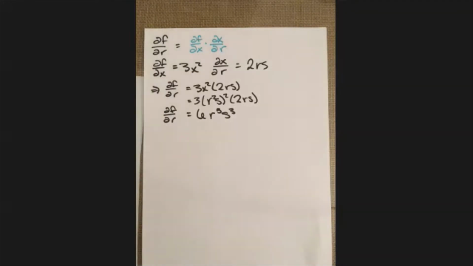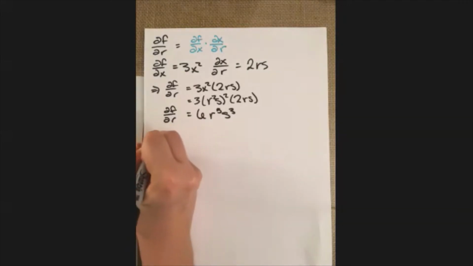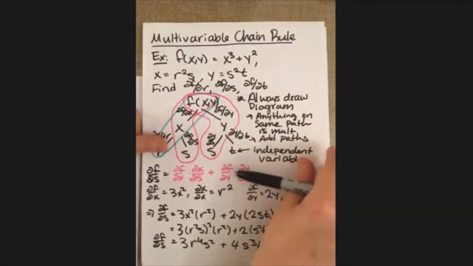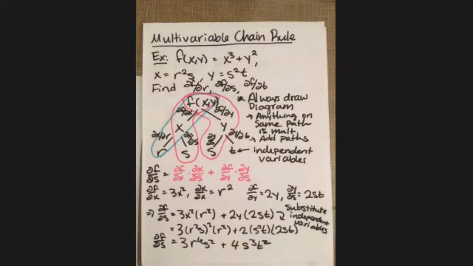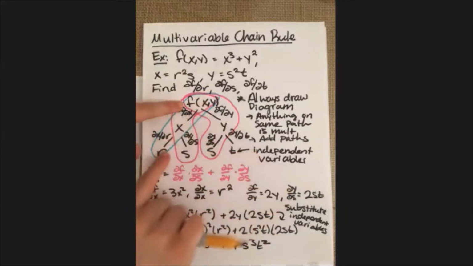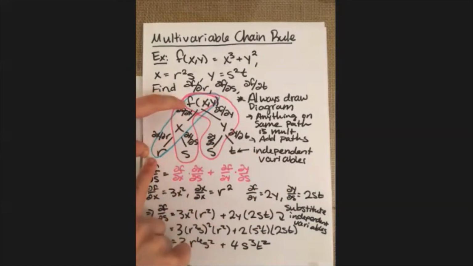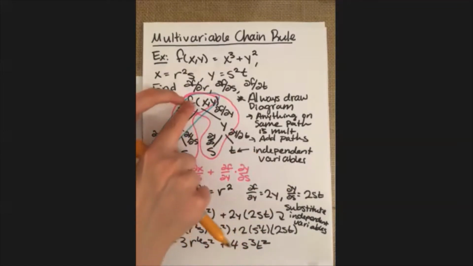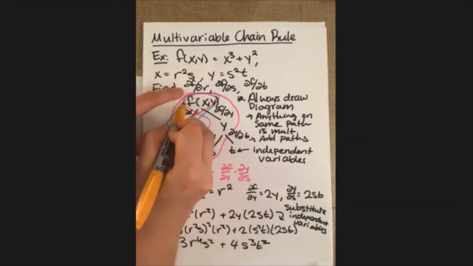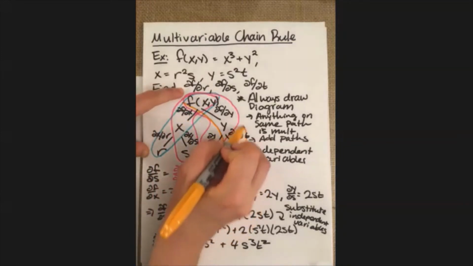We also want to find df/dt. And if we look back here at our diagram, again, starting here at f, if we go down through x, there's nothing that depends on t here. So the only path we're going to wind up with is f to y and then to t, like so.